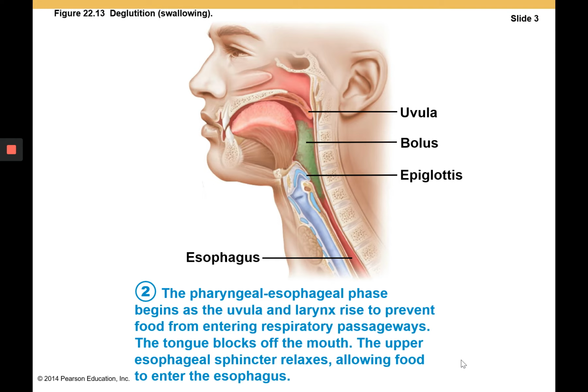During the pharyngeal-esophageal phase, we'll see that the food has moved into your oropharynx and down past your laryngopharynx. We will still have the upper esophageal sphincter slightly contracted at first, and it'll only start to relax as the food pushes on that upper esophageal sphincter and then allow that food to enter the esophagus.